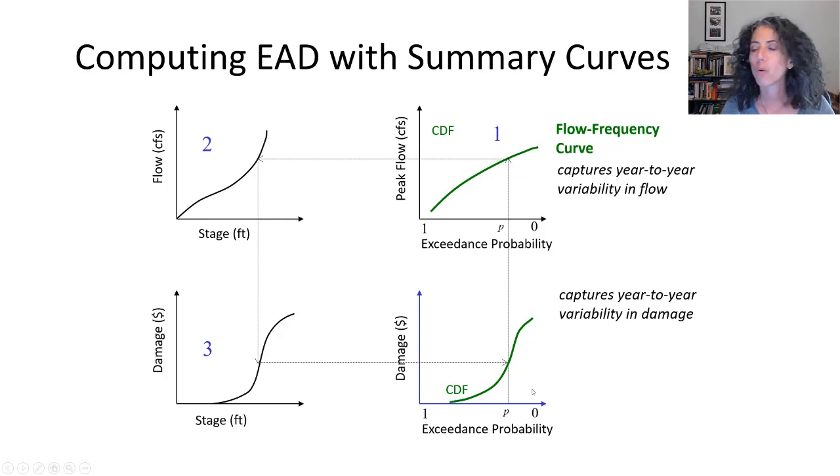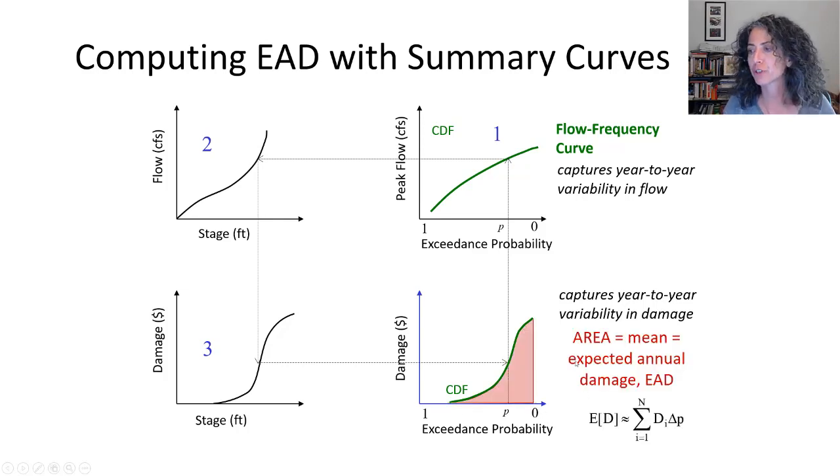And then with the relationship I mentioned for taking the area between the CDF and the probability axis, we can take the area under this curve to get the mean, which is then the expected annual damage. So the area under the damage frequency curve is the EAD. So this is our traditional analysis for EAD.